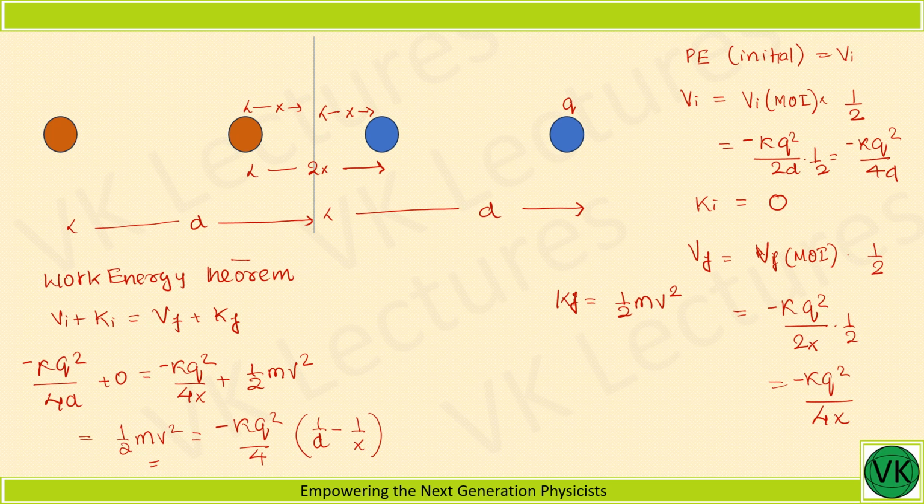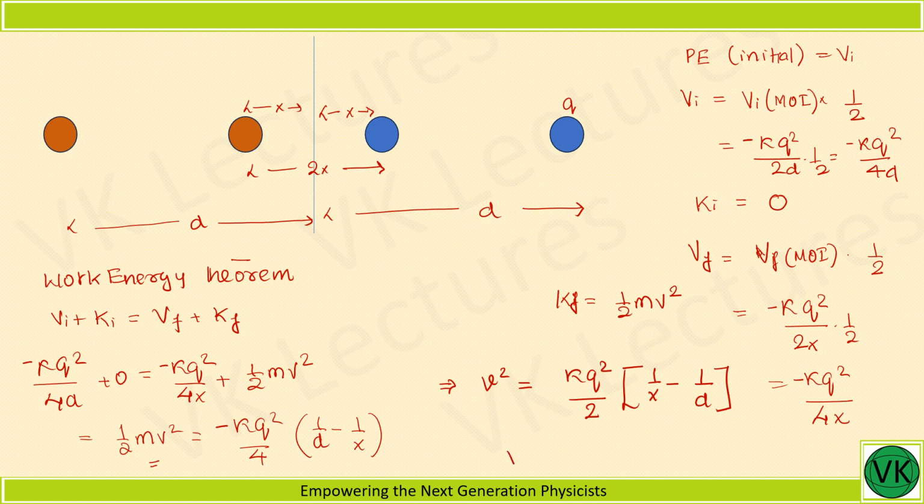So due to this negative sign, we have made the kinetic energy term positive. So just multiplying by 2 over m, we can write v squared equal to kq square by 2 into 1 by x minus 1 by d. So this is the velocity squared.